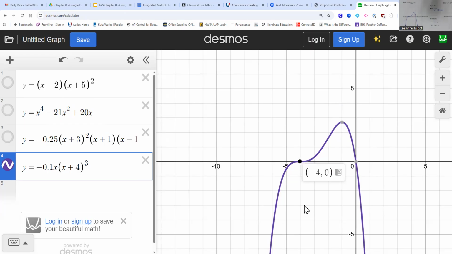Does anybody remember what that is called when it does a swiggle like that? I'll give you a hint. It starts with an I. Yeah. It's called an inflection point.